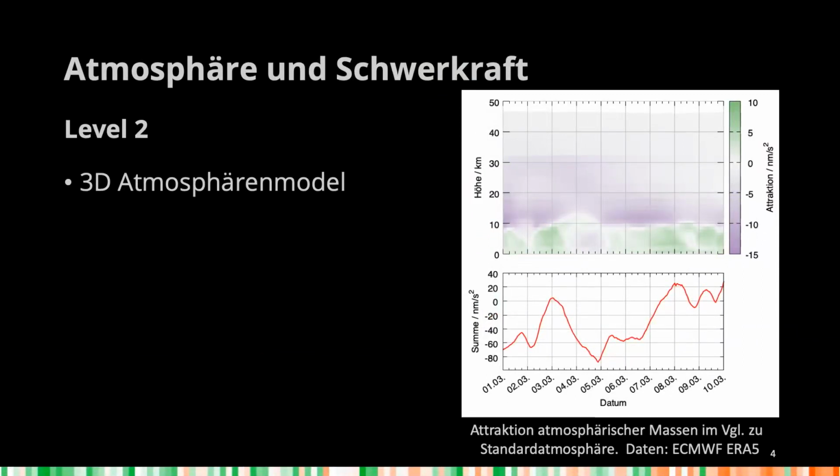For example, one of my results is here on the right. The plot on the upper right shows the atmosphere height until 50 kilometers. It's separated into 37 layers. I can do this up to 80 kilometers if I want to. And according to a few variables from my climate model, with humidity, temperature, air pressure, I can calculate the density of the atmosphere.